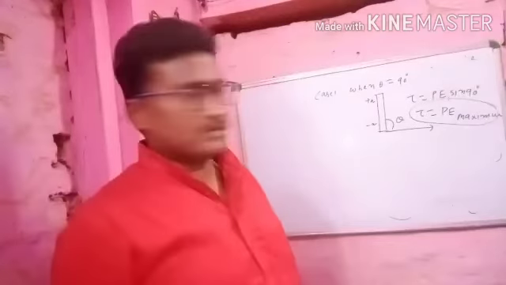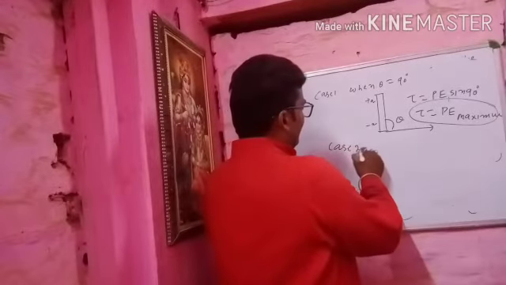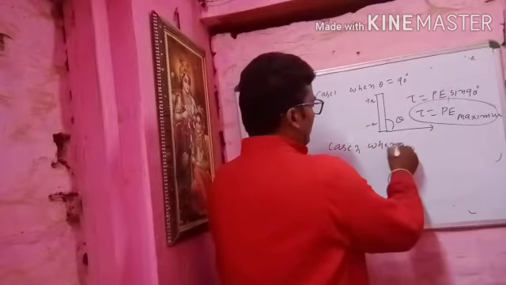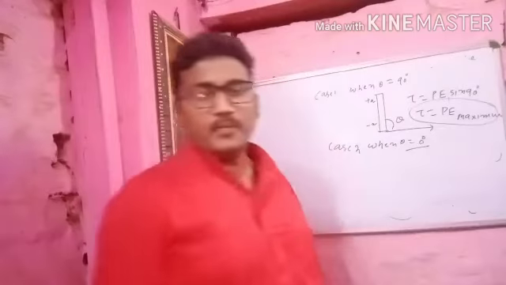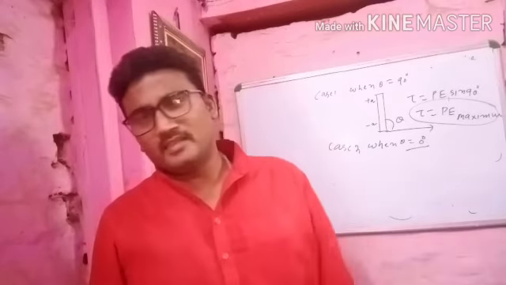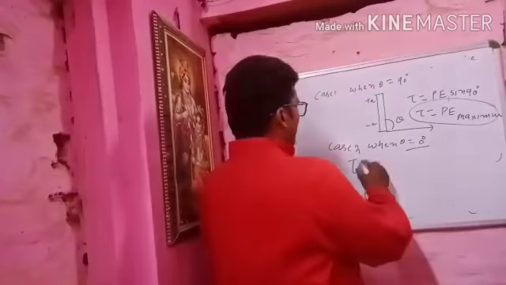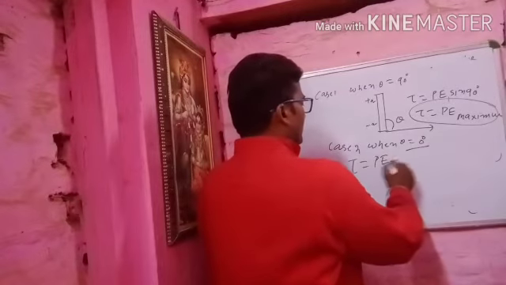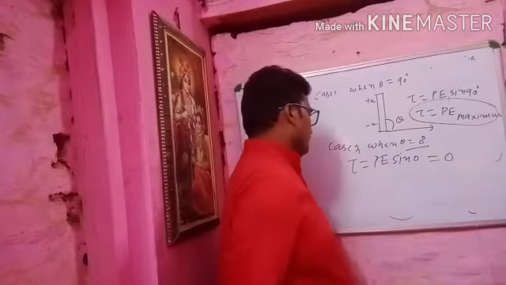In case 2, when theta is equal to 0 degrees, the electric dipole is aligned in the direction of the electric field. Now the relation is tau equal to pE sin 0, and the value is 0.